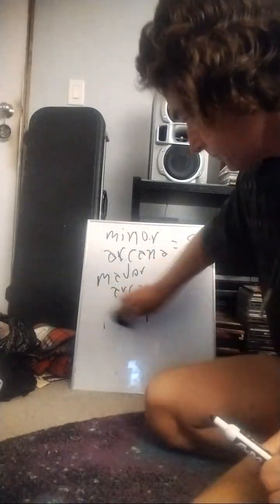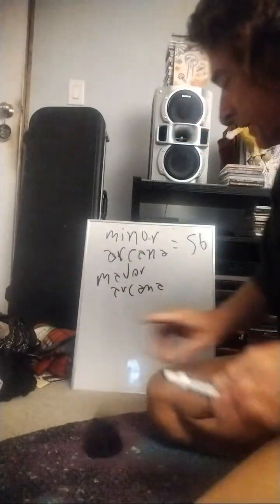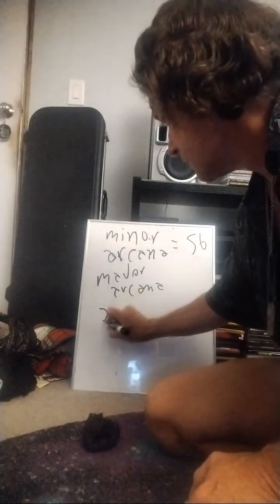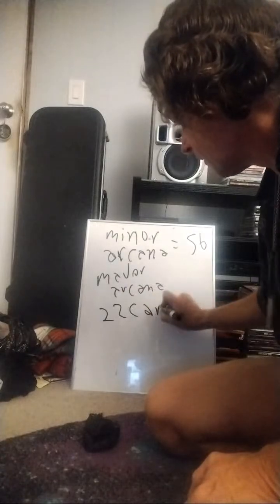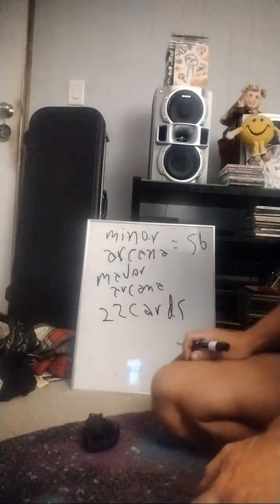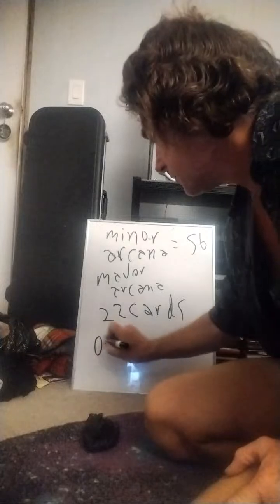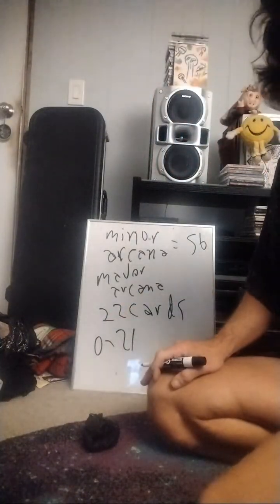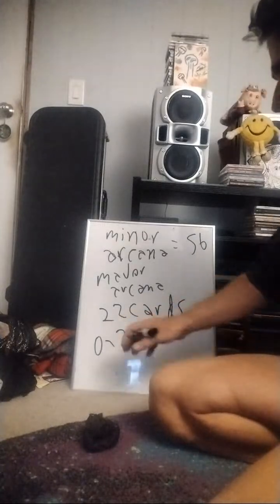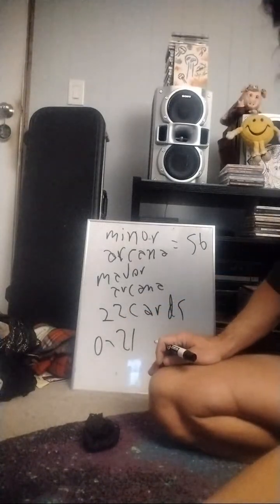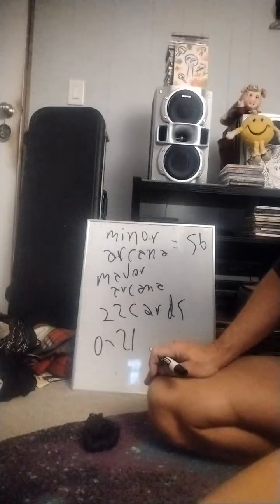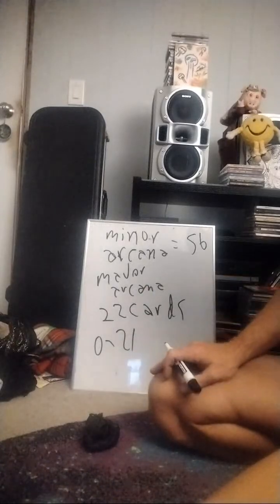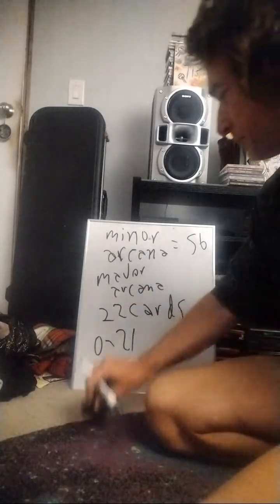The major arcana has 22 cards in it, numbered from 0 to 21, so not 1 to 22, but 0 to 21. They're each a character, like the Fool, the Temperance, whatever, you can look it up. They're the Trump cards, and there's 0 to 21, which is 22 of them.